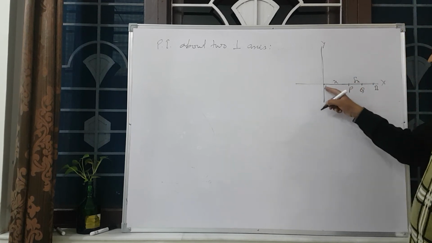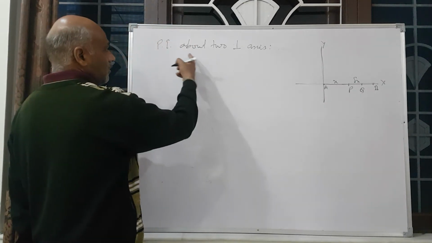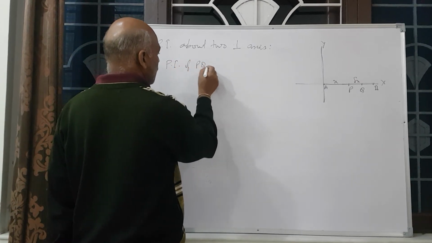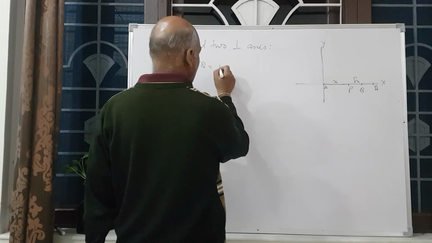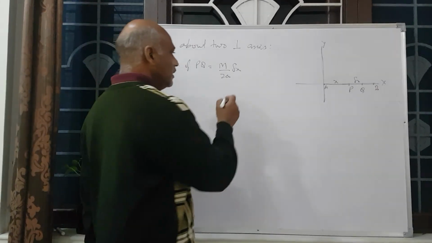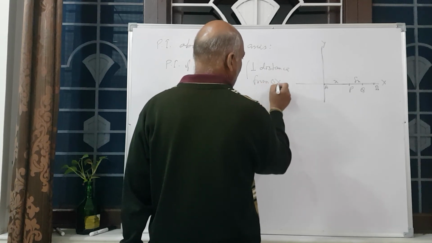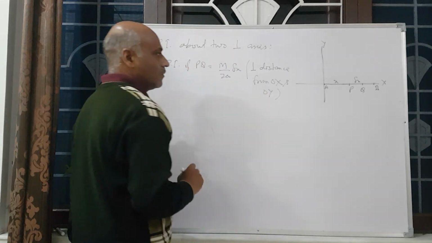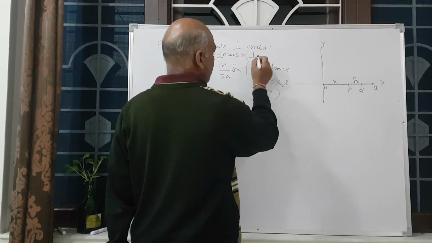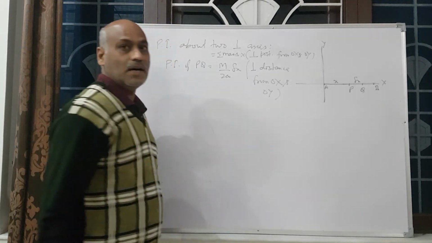The perpendicular distance of PQ from OX is what we have to find, and from OY. So the product of inertia of PQ is m upon 2a del x, which is the mass, times the summation of mass into the perpendicular distances from OX and OY.